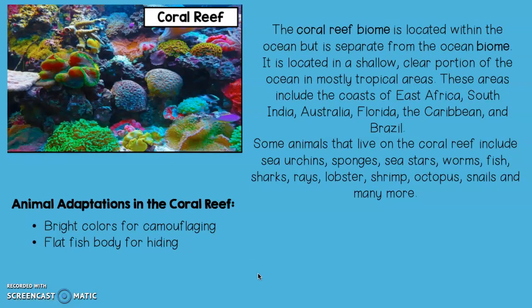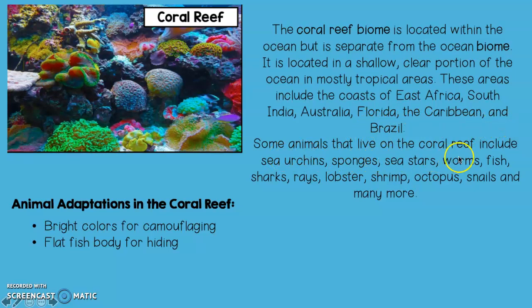Next is coral reef. The coral reef biome is located within the ocean, but it is separate from the ocean biome. It is located in a shallow, clear portion of the ocean in mostly tropical areas. These areas include the coasts of Africa, East Africa, South India, Australia, Florida, the Caribbean, and Brazil.